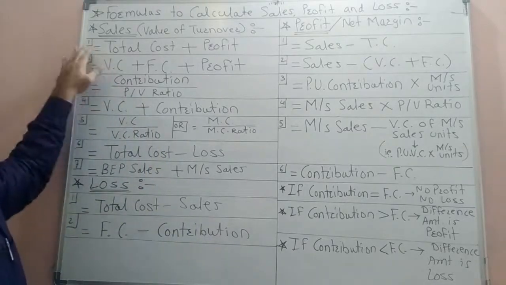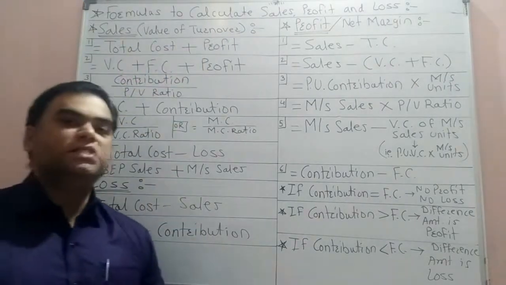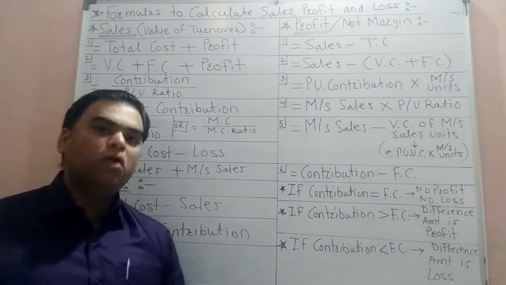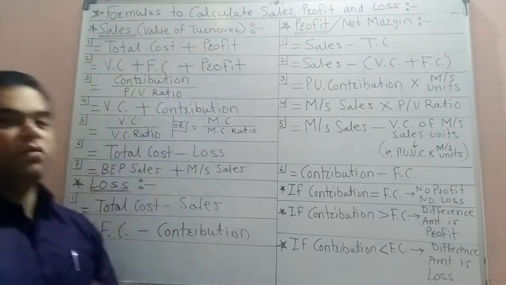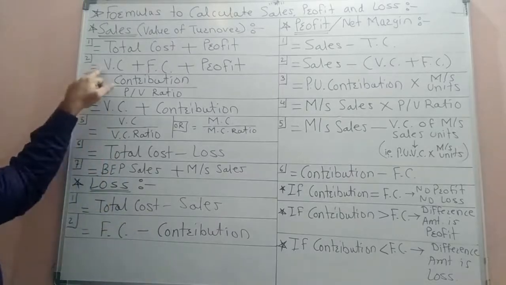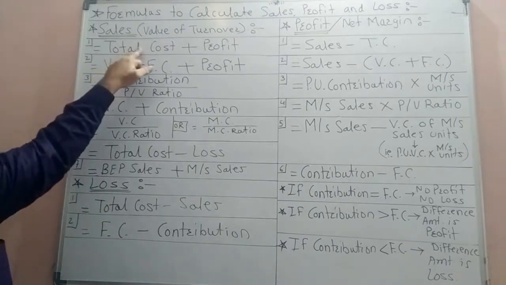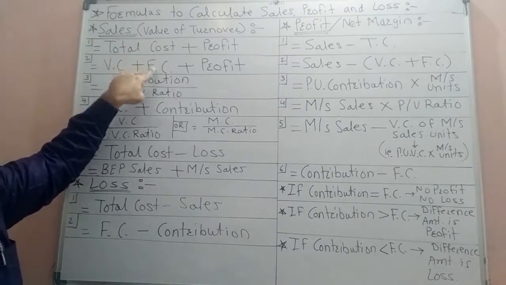So the first formula: sales is equal to total cost plus profit. This is a very basic formula, as we all know. Total cost plus profit will be the amount of sales. Then, if we split total cost into two parts, the first will be variable cost and the second will be fixed cost.